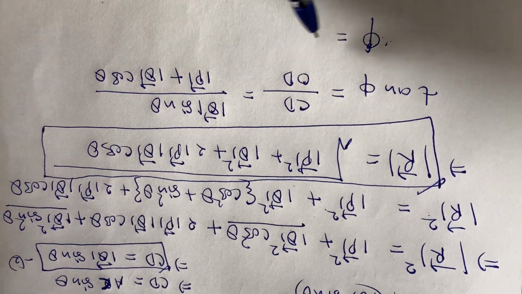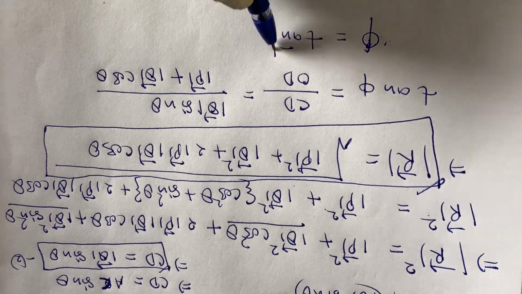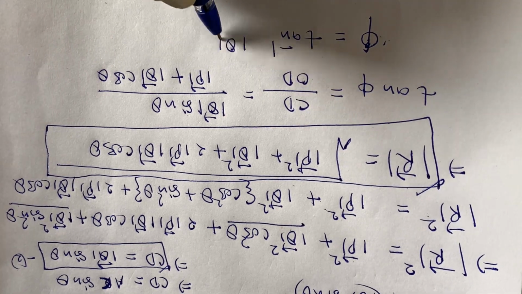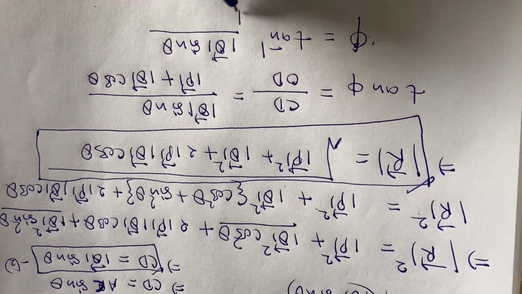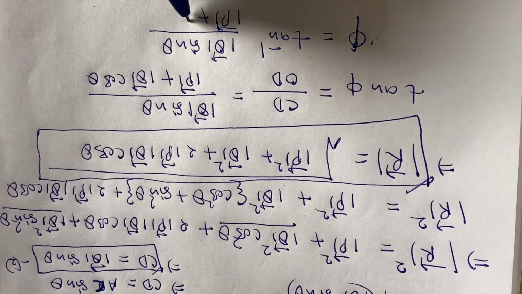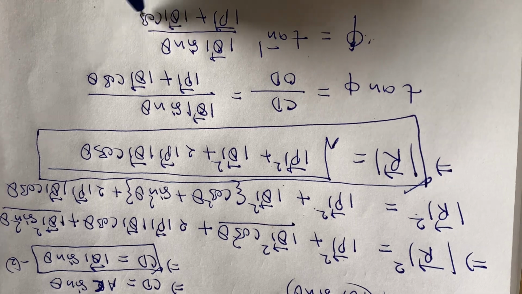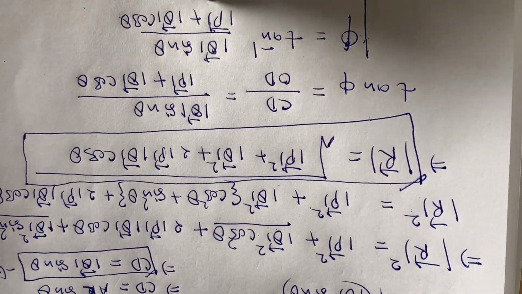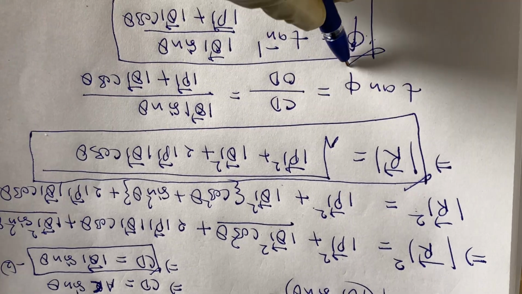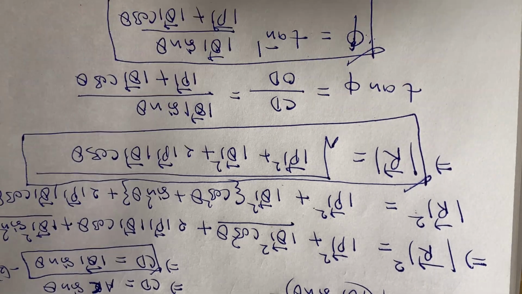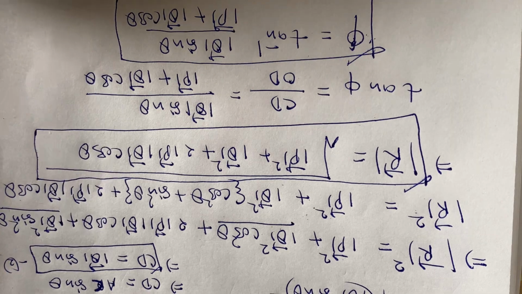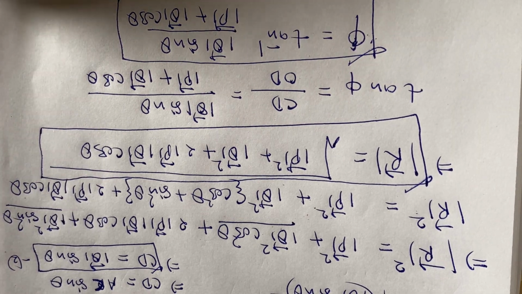We can also write phi equals tan inverse of mod Q sine theta upon mod P plus mod Q cos theta. This is the way we write it. That's the way we get the resultant of two vectors, and this is the complete law of parallelogram.